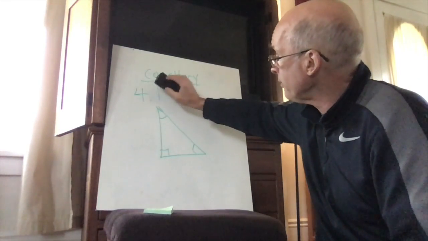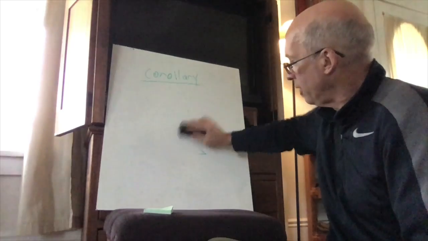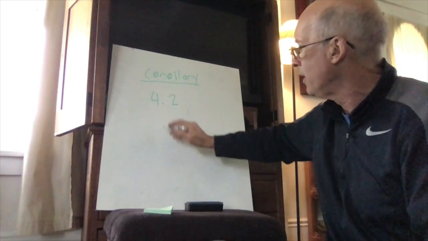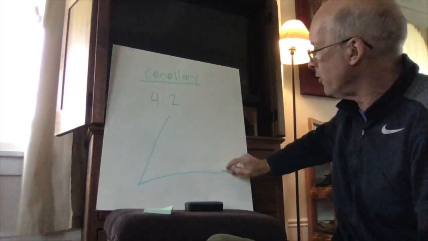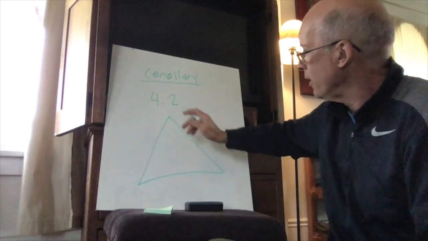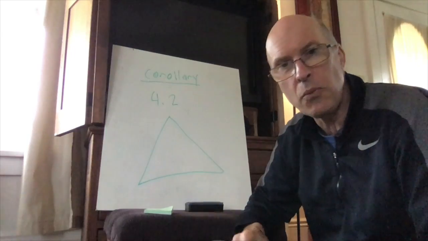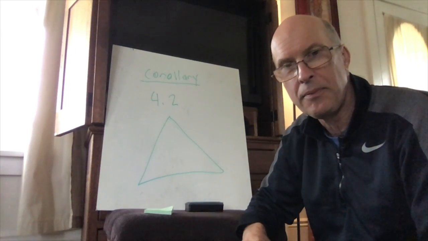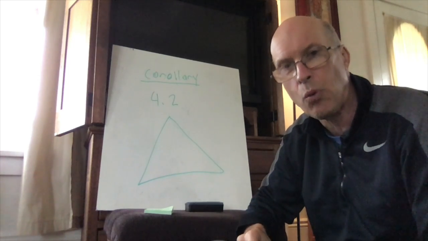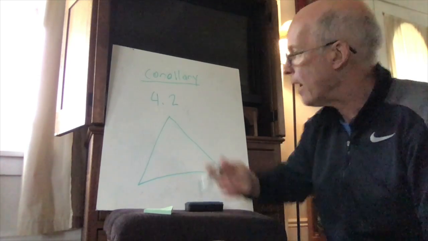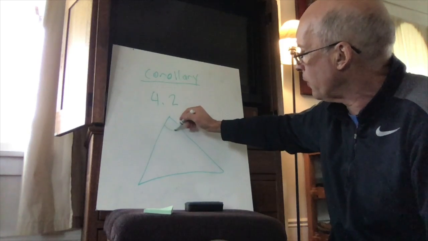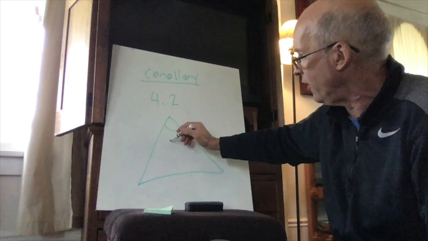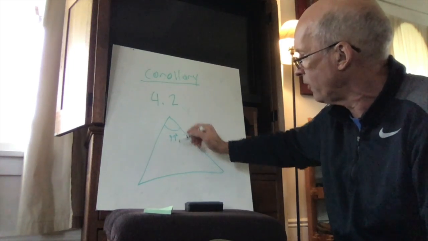Likewise, this is corollary 4.2. No matter what kind of triangle you have, you are never going to have more than one angle be greater than 90 degrees or even 90 degrees. The most you could have is one angle is 90 degrees. And do you see why? This one right here, you can probably eyeball and see that's greater than 90 degrees. Maybe let's say it's 99 degrees.